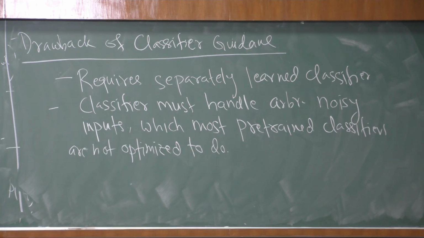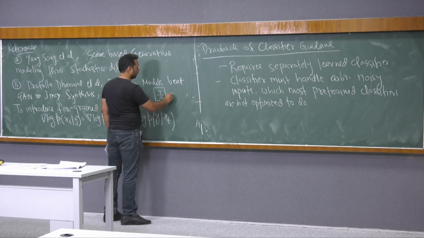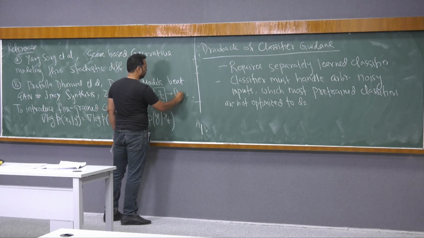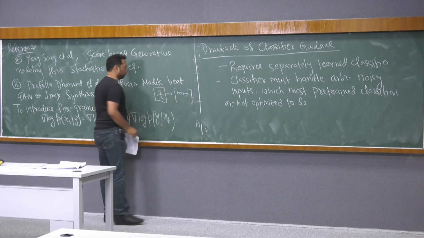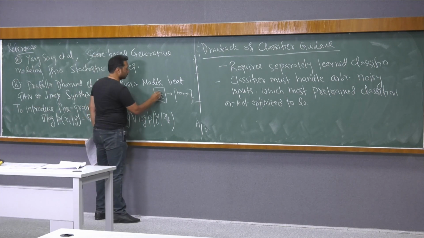Because in general, when we build a classifier, I have, let's say, an image of a cat or human, and then it has to predict whether it's a human or not. This is the kind of classifier we're thinking of, but now the problem is that the image may be noisy also.